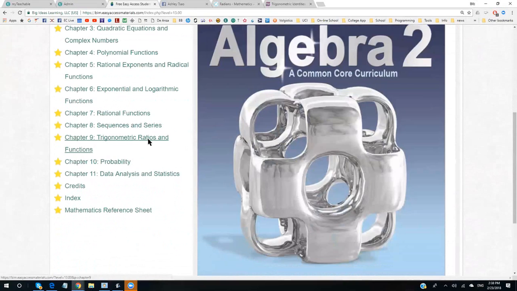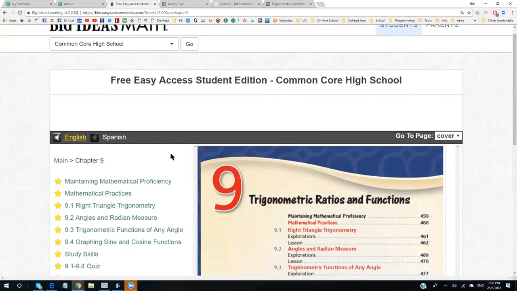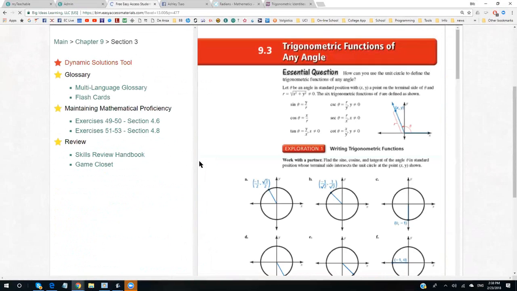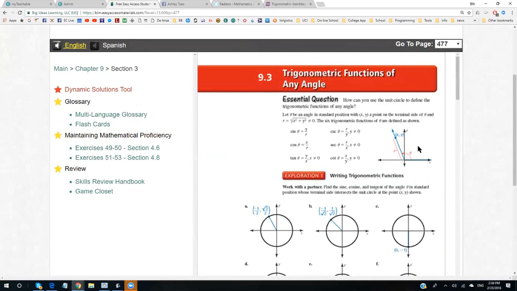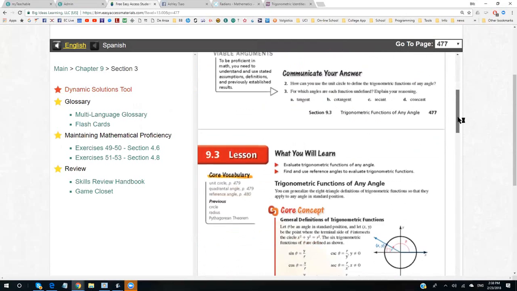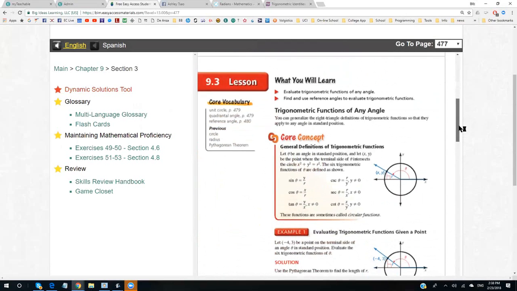9.3, trigonometry functions. Okay, this one I just told you. The definition is by x over r and y over r. Actually, I emphasized this quite many times, right? So this one should be okay. Let me see this one.